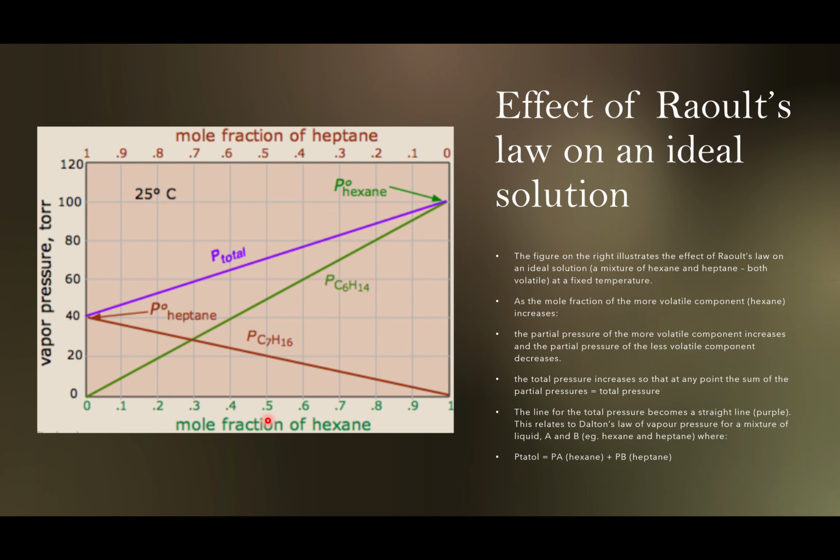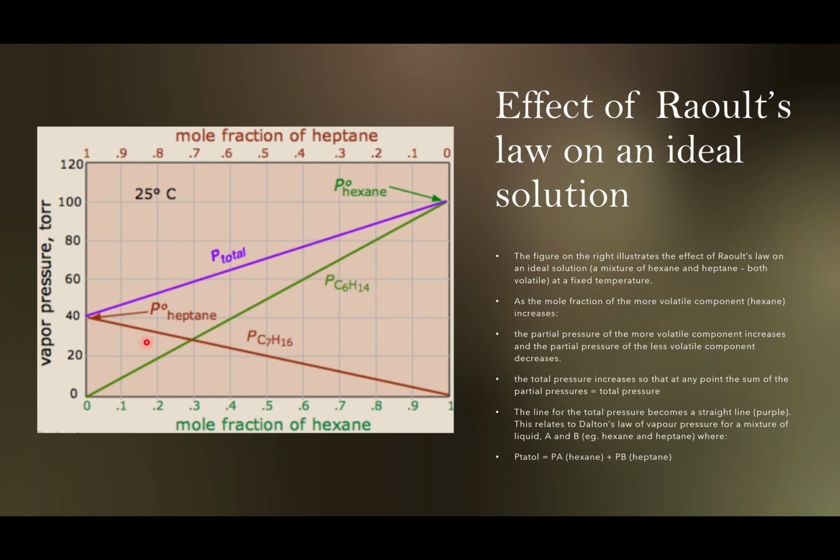If we have a mole fraction of 0.5, half of the solution is hexane. If we have a mole fraction of 0.2, that means 0.8 of the solution is heptane. So it's relational like that. As one mole fraction increases, the other decreases, and both try to approach 1, which is pure.